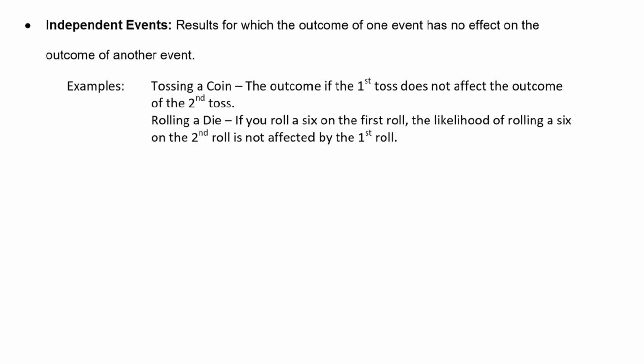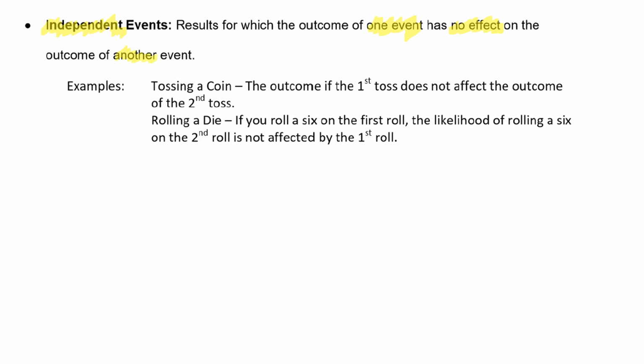There are some exceptions when it comes to high school mathematics. However, for independent events, long story short, it's all about results where the outcome of one event has no positive or negative effect on the outcome of another event.